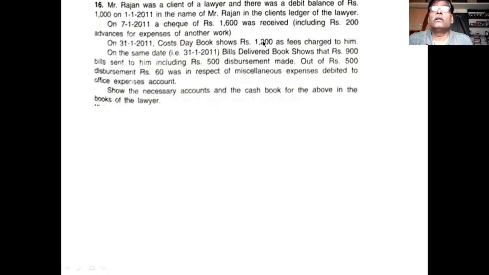Therefore, it is recorded in the cash book first. In the cash book of Rajan, it is a payment, and for the office, it is a receipt. After entering the amount in the cash book, you have to enter it in the personal ledger of the client.